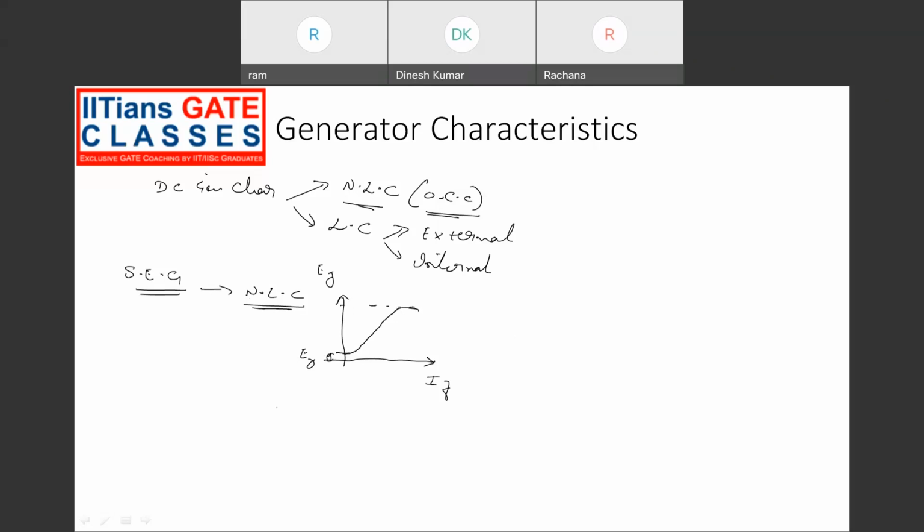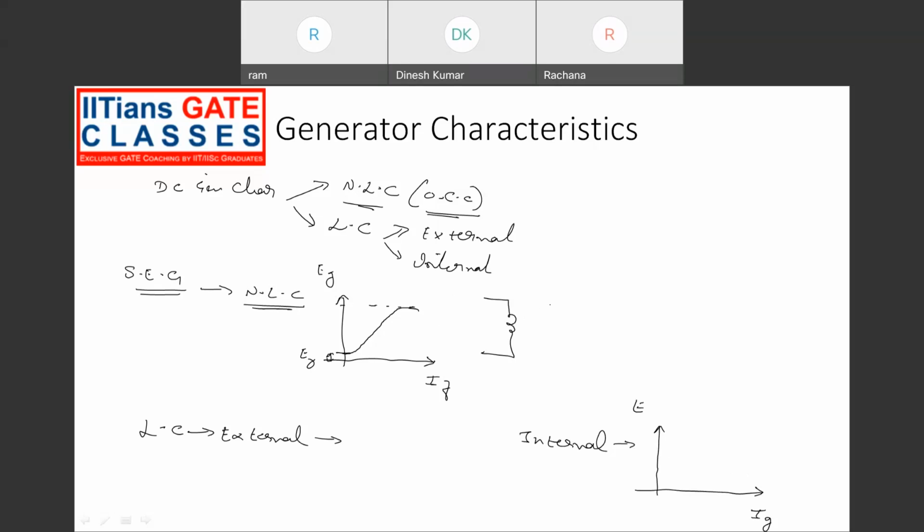Next one is the load characteristic. We'll talk about the external characteristics and discuss the internal characteristics, which is a plot of the armature current for a separately excited machine.